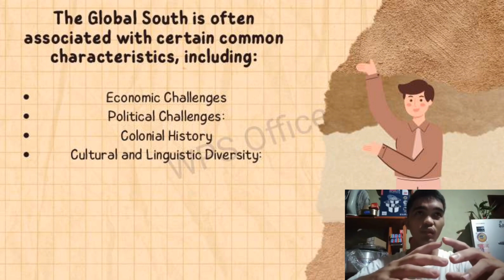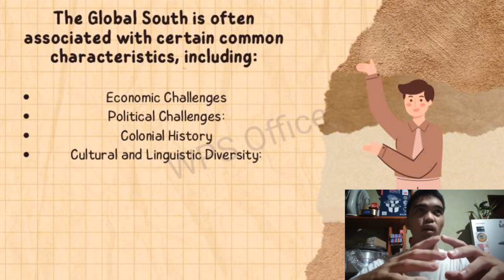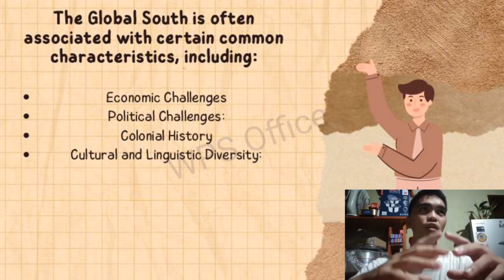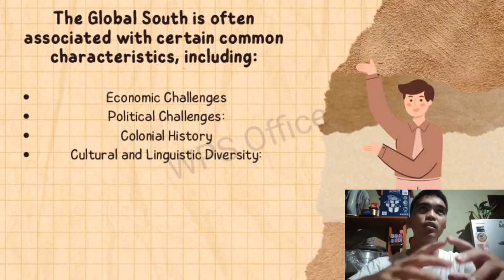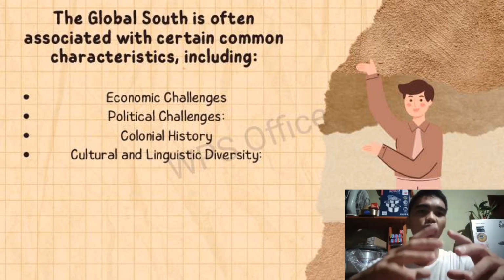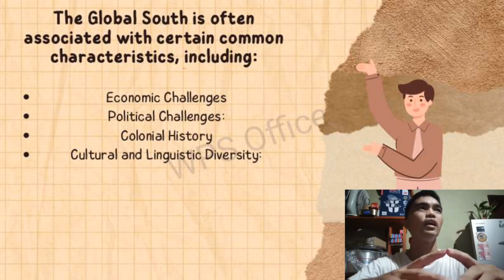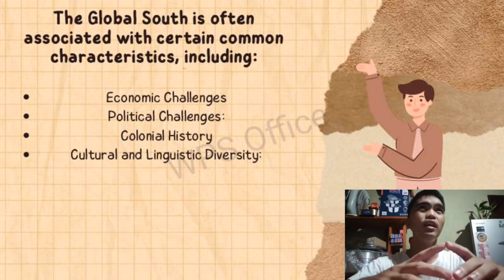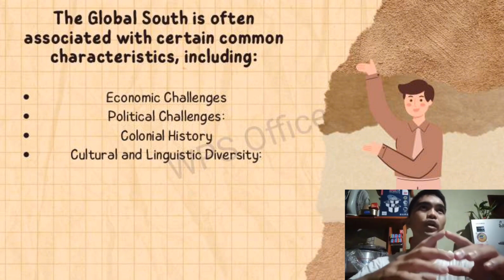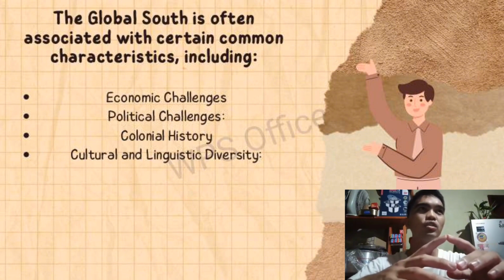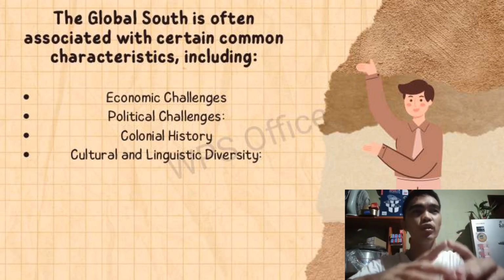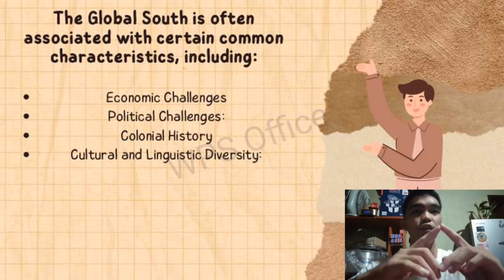So that's what I understand about the south. They are very poor, with low economics, low political influence, and they have challenges in living compared to the north, which is the first world, compared to the south, which is the third world.